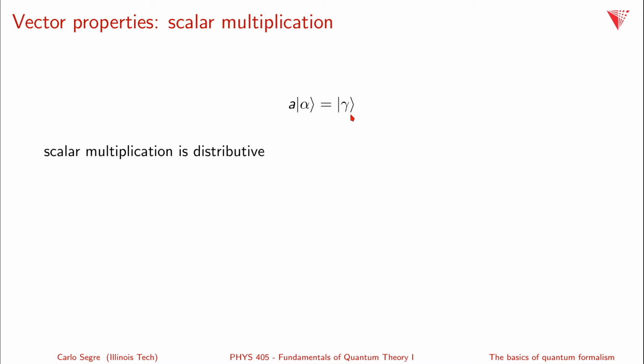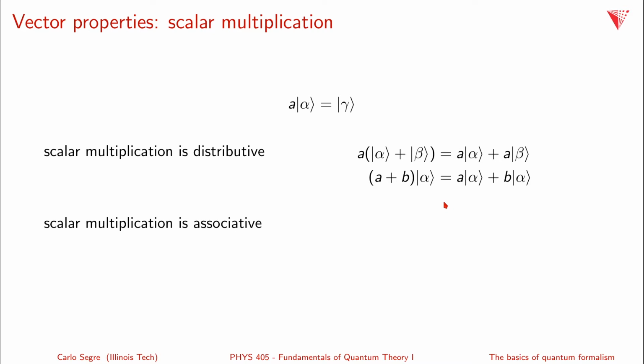It's distributive, so that if I have A multiplying alpha plus beta vectors, then I can rewrite that as A alpha plus A beta. And you can also distribute scalar addition through a vector, so that A plus B times alpha is equal to A times alpha plus B times alpha.